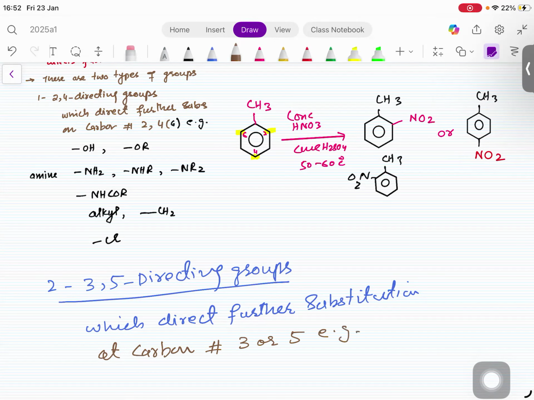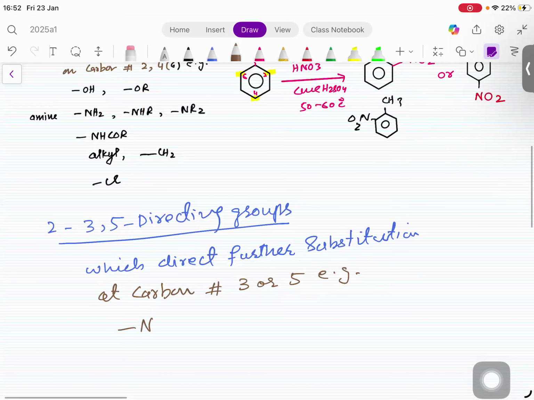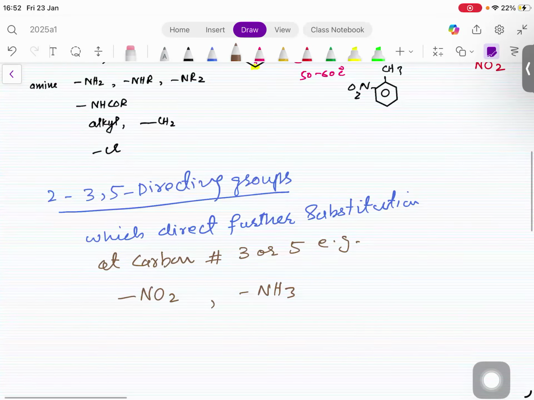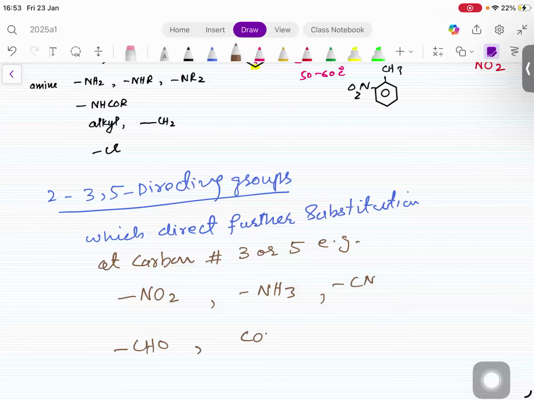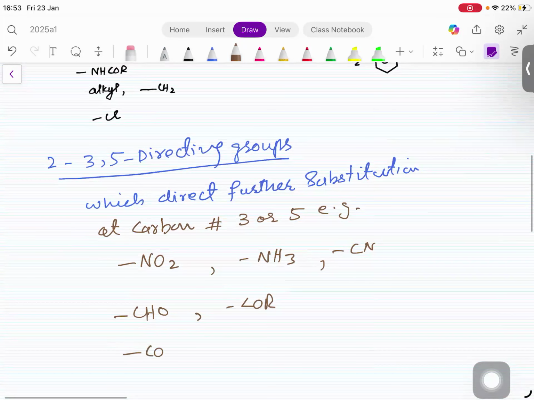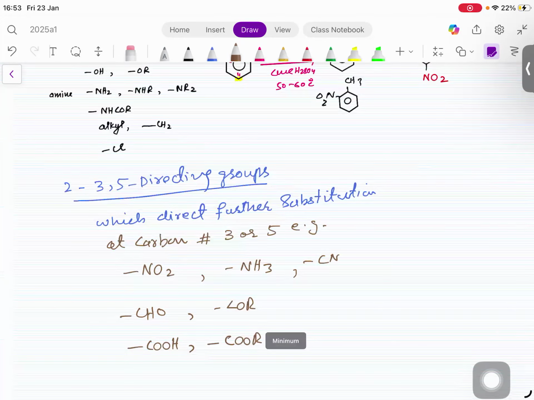For example, NO2 is a 3,5 directing group. NH3 is a 3,5 directing group. CN is a 3,5 directing group. CHO is a 3,5 directing group. COR is a 3,5 directing group. COOH carboxylic acid, ester COOR, they are 3,5 directing groups.